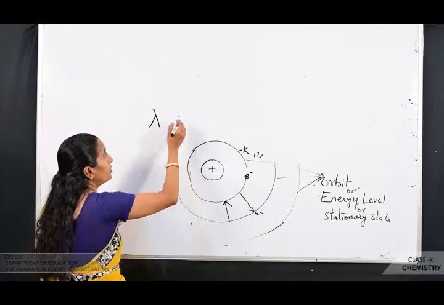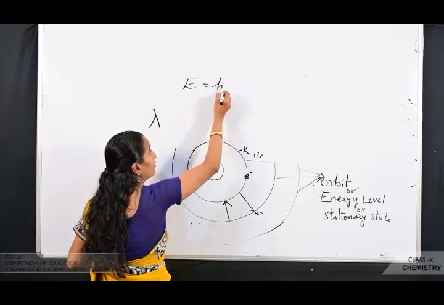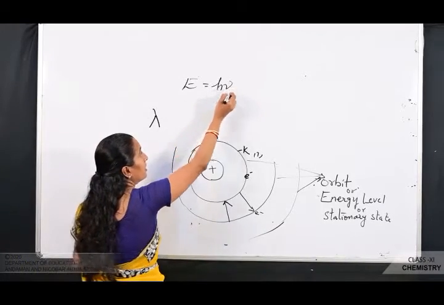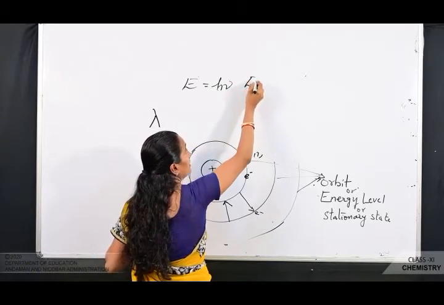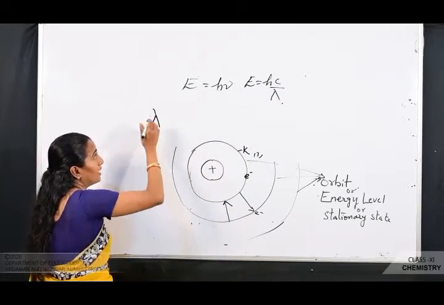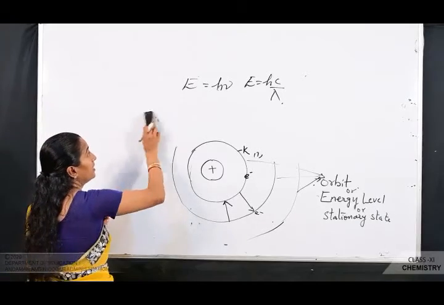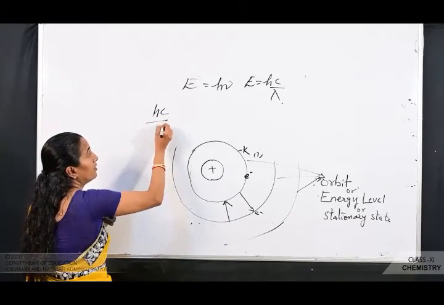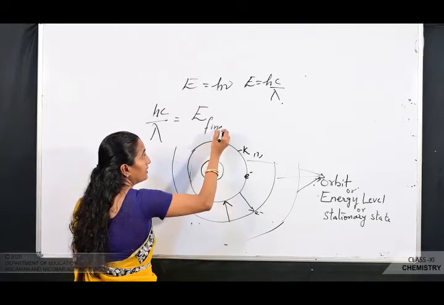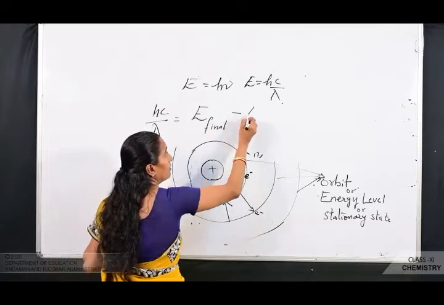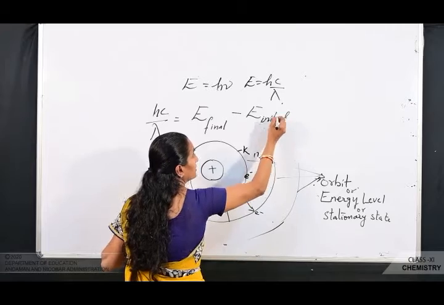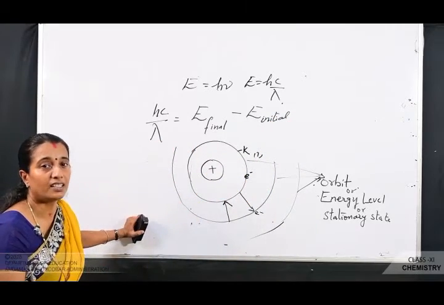Here, E is represented by Planck's formula, h nu. Now, replacing nu by c by lambda, the value will be h c by lambda. That will be equal to the difference between the energy of the final state and the energy of the initial state, that means E final minus E initial.